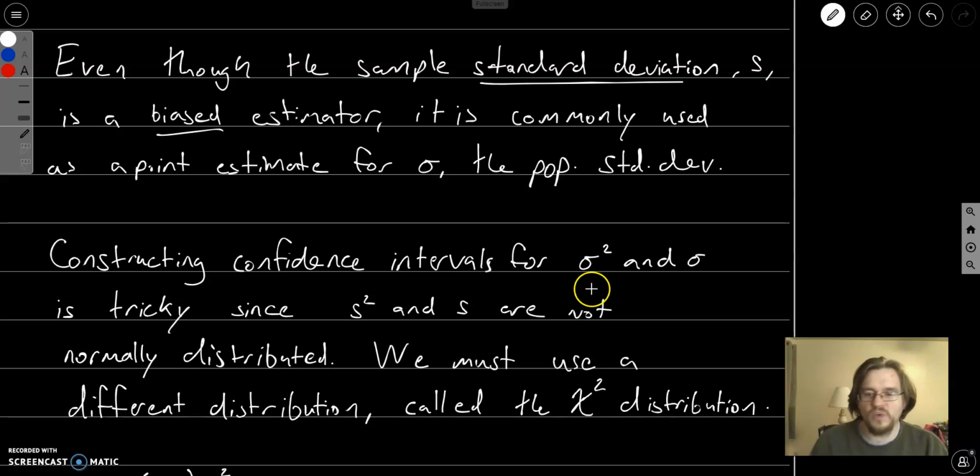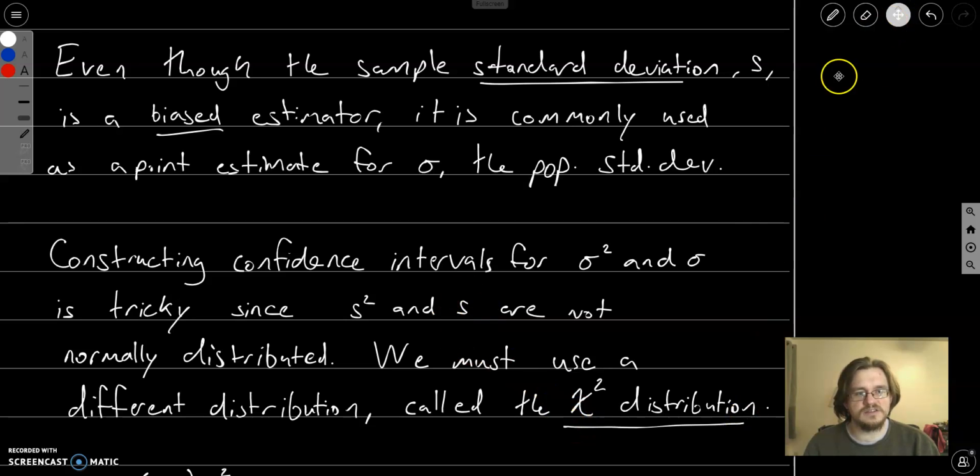When we take samples and we look at their variance and their standard deviations, these are not going to be normally distributed. So we have to use a different distribution to come up with confidence intervals. And the distribution of variances and standard deviations is called the chi-squared distribution.